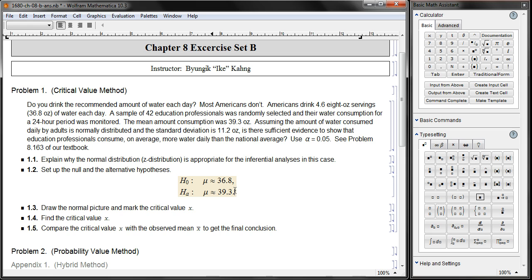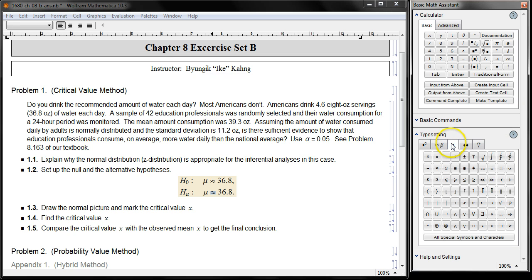This is not the way hypotheses are set up. These two numbers must always be the same. Once the null value 36.8 is selected, that should come down to the alternative as well. Now the difference takes place right here. Mu is not about the same as 36.8.